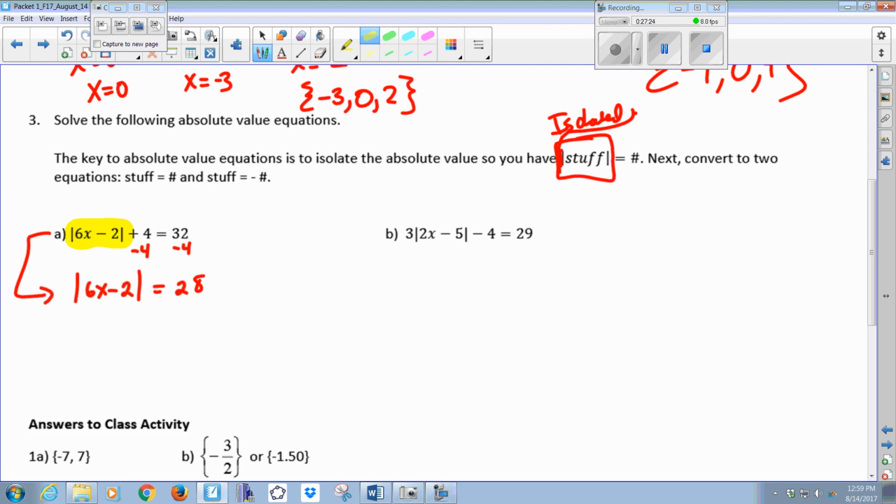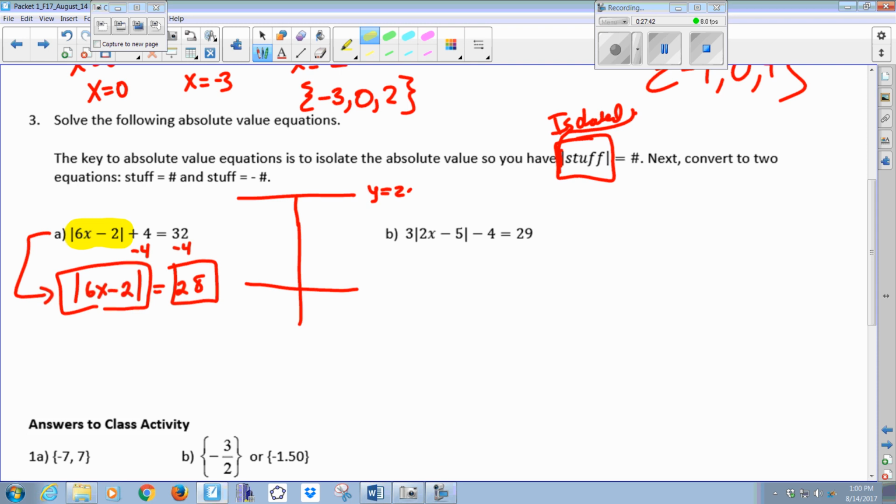Now I remembered all the work we did in the demo to show that an absolute value equation, when I graph it, and then I made a horizontal line through 28 way up here, so y equals 28, and then the absolute value of 6x minus 2 would be something like this.